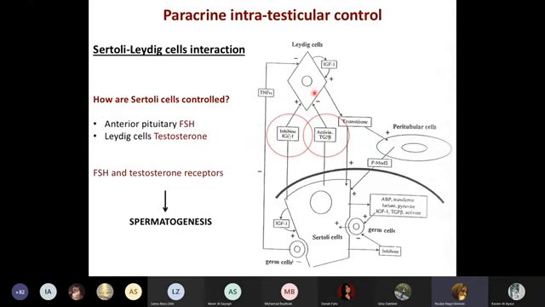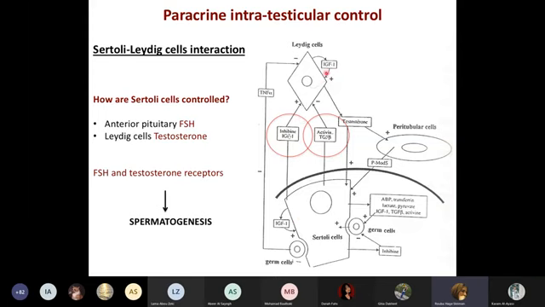Now, at the same time, this IGF here is excreted at the basal compartment of the Sertoli cell. This IGF can also bind to specific receptors in the Leydig cells, and it will stimulate these Leydig cells to synthesize more receptors for LH.